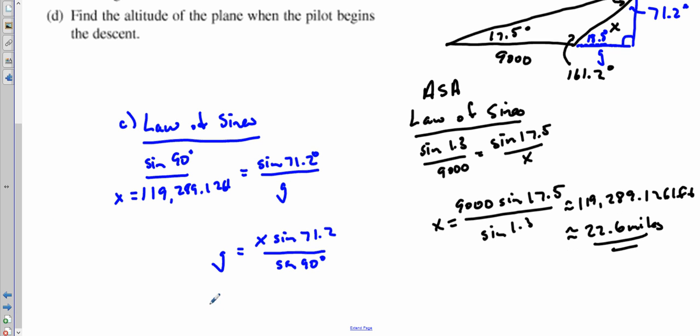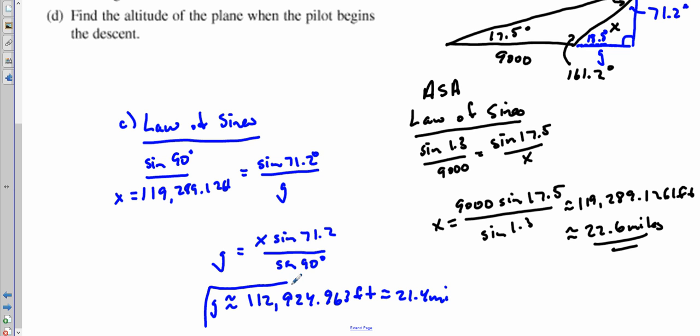And so essentially, g is going to be approximately 112,924.963 feet, which is, once again, approximately 21.4 miles if you do that conversion.